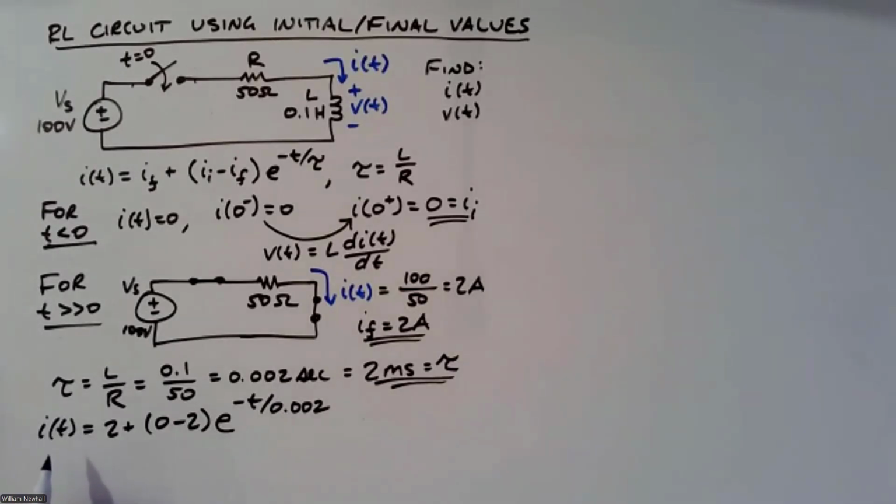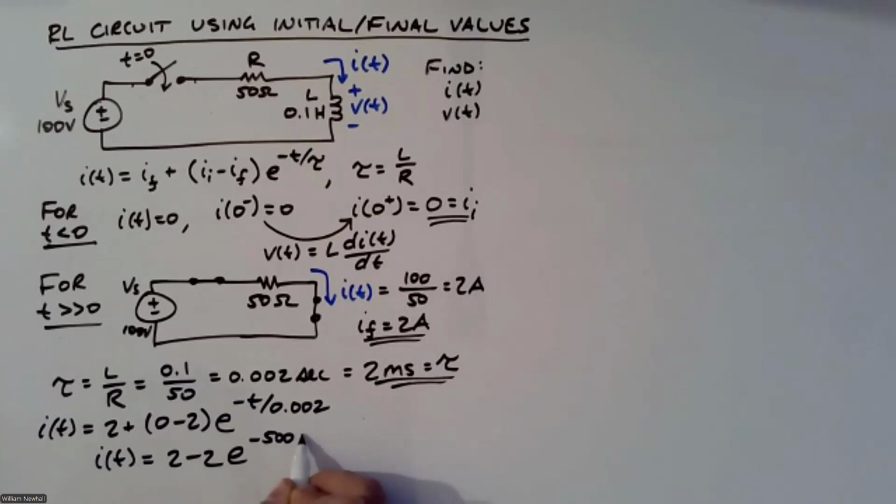Okay, so then you wind up with, we just do some simple math here, i of t equals 2 minus 2 e to the minus 500 t, for t greater than or equal to 0 actually.